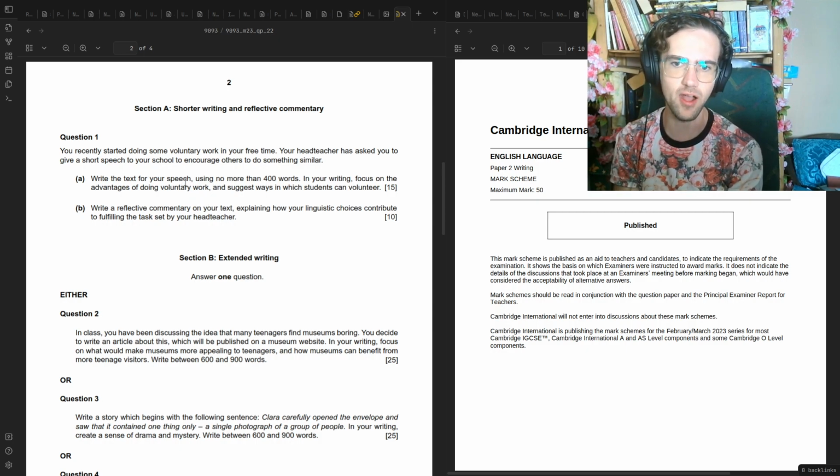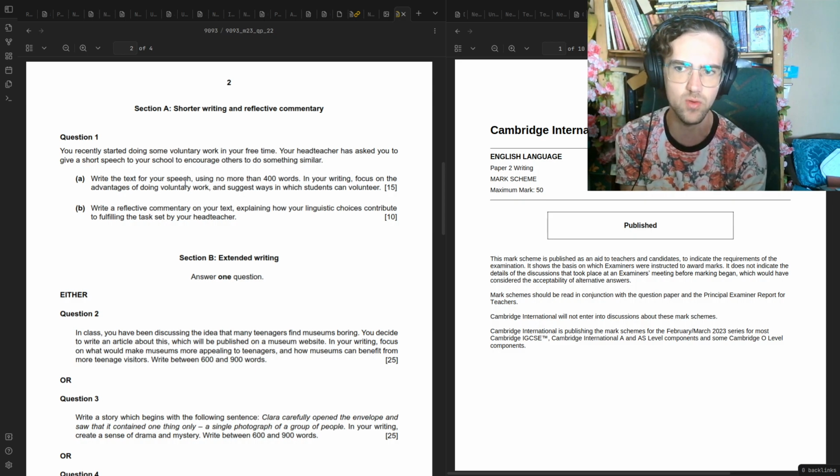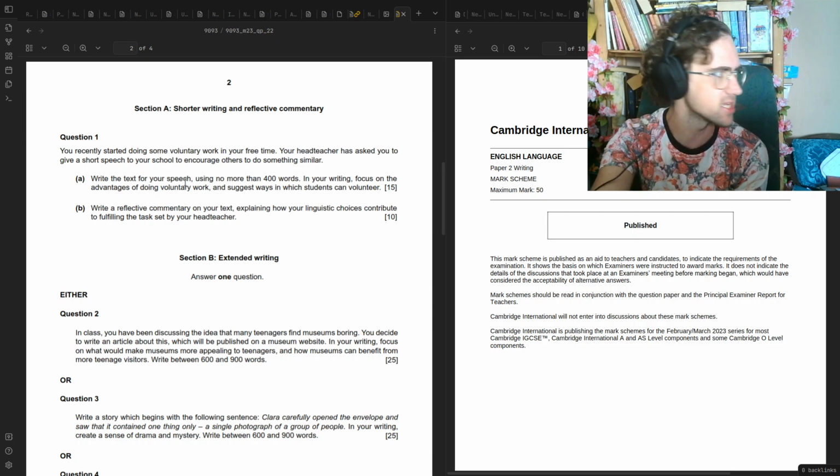Then our second part of question 1 is for 10 marks, and we need to write a reflective commentary on our text, explaining how your linguistic choices contribute to fulfilling the task set by your head teacher.